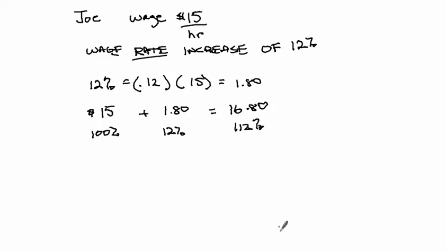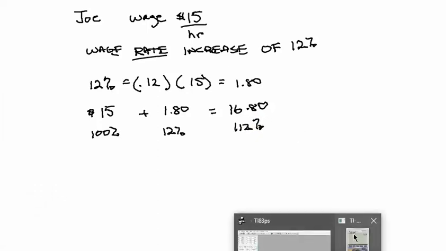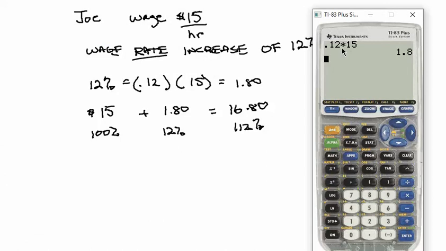Now, a different way you could do this with a calculator, if you want to do this in one step. So if we say that 100%, so if we go 1.0, 100%, plus the additional 12%, which is 0.12, so that's 1.12.